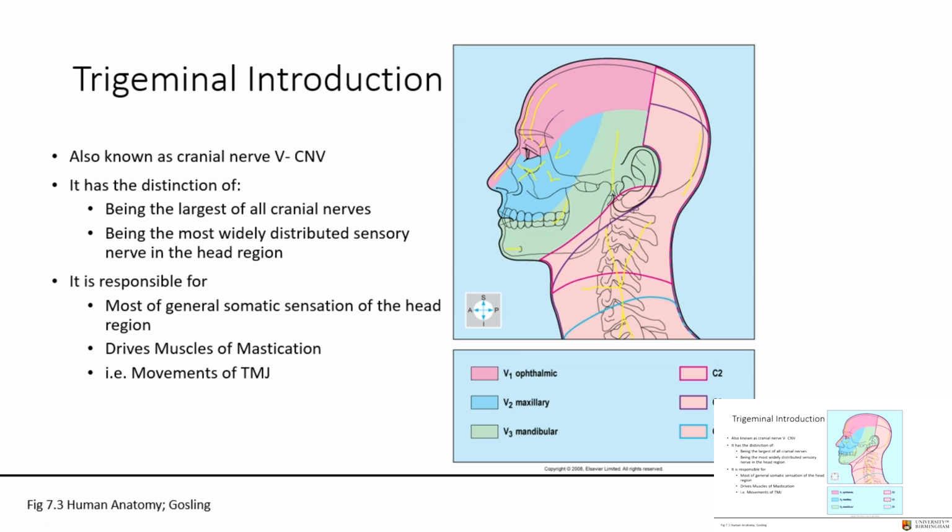The trigeminal nerve is, as you know, a mixed cranial nerve. It has a sensory but also a motor component. It's one of the largest cranial nerves, and it is the main sensory nerve for the head, but it also supplies the muscles of mastication.